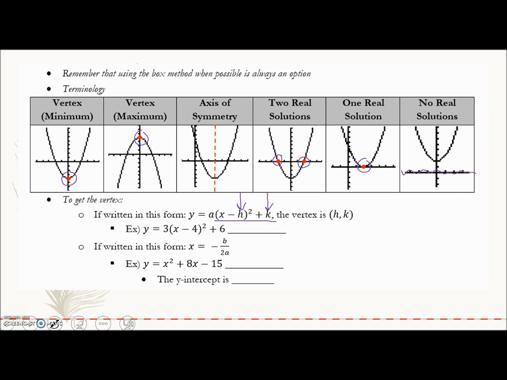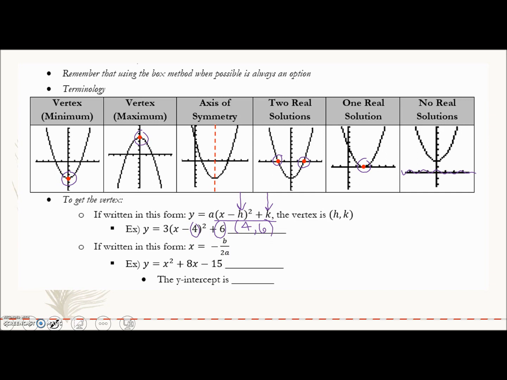And do notice that there should be a minus in the parentheses and a plus outside. So if I'm looking at this one right here, so 4 is my h, and 6 is my k, so the vertex is 4, 6.